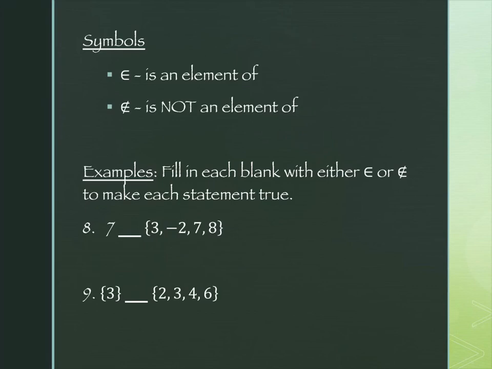What you're trying to decide is if the 7 is an element of the things written on the right. Is it one of them? The answer is yes, which means that the element symbol goes in the blank. 7 is, in fact, an element of the set that follows.